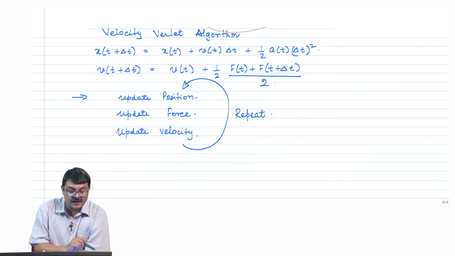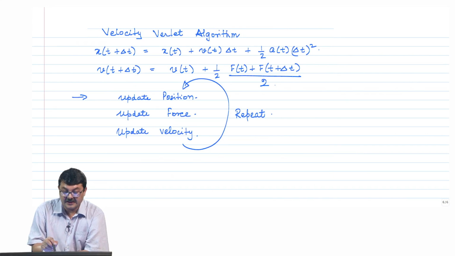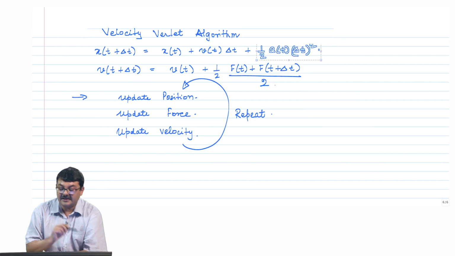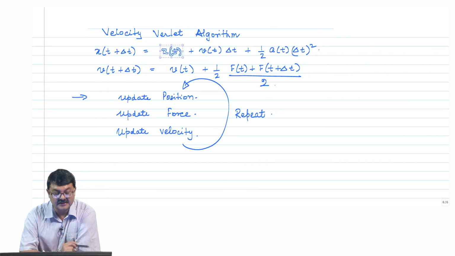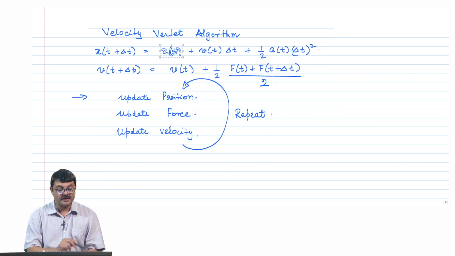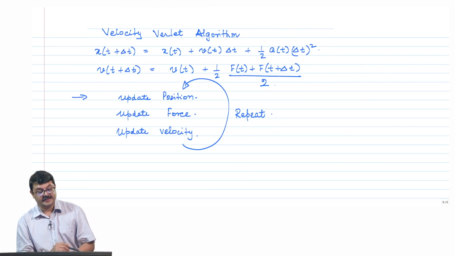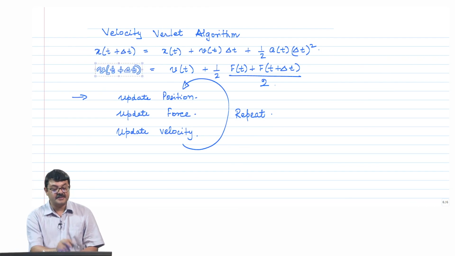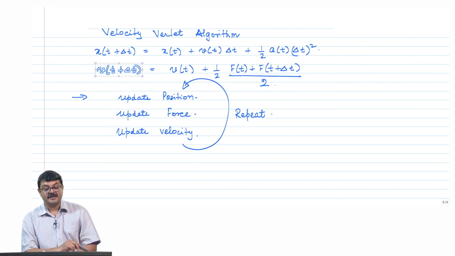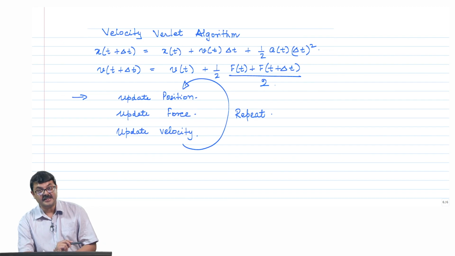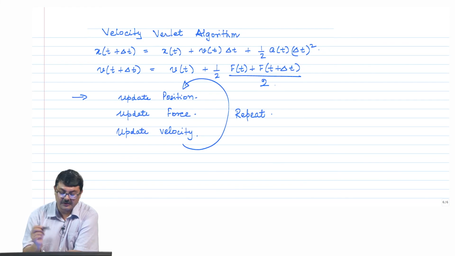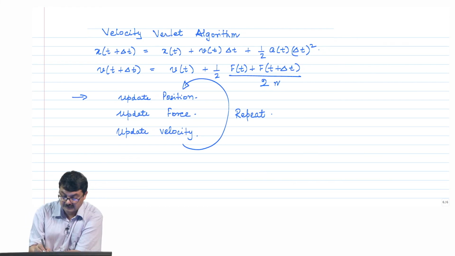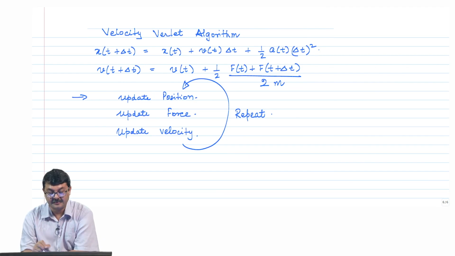So, in the velocity Verlet algorithm, what you do is x(t+Δt) equals x(t) plus v(t)Δt plus half a(t)Δt squared. So, you see that this is at time t, this is at time t, this is at time t, right, and then you get the position at time t+Δt. The velocity at time t+Δt can be written as the velocity at time t, plus the previous time force, or rather I should write the acceleration, f(t)/m is acceleration.